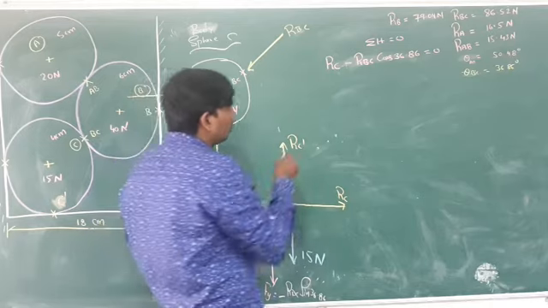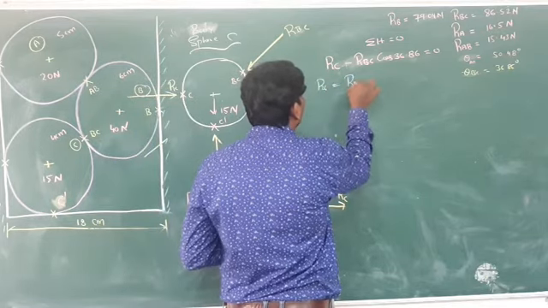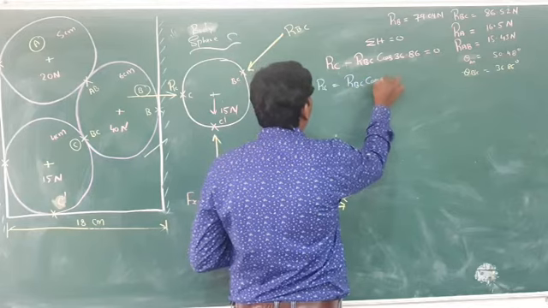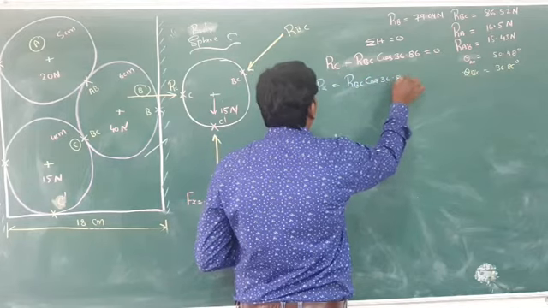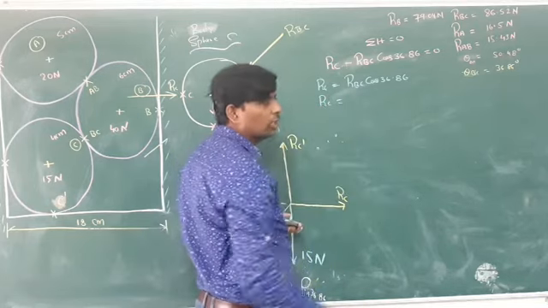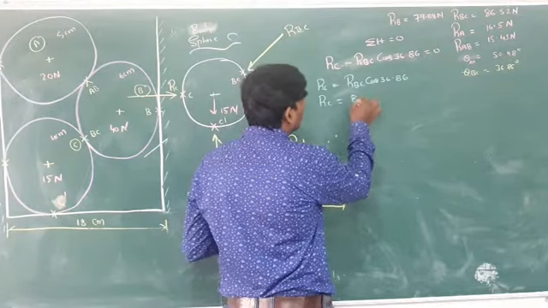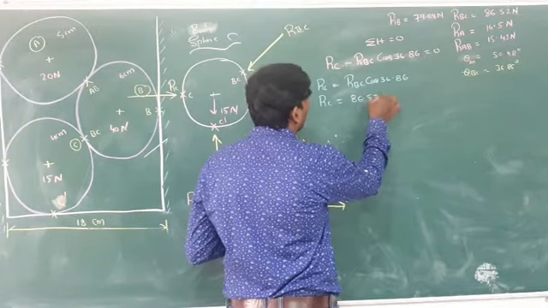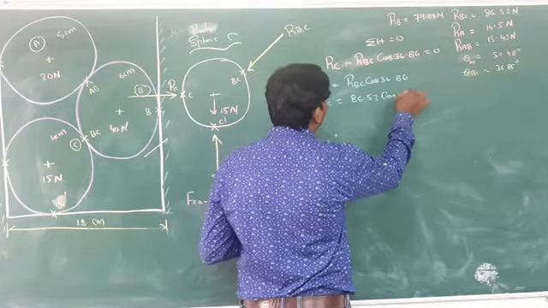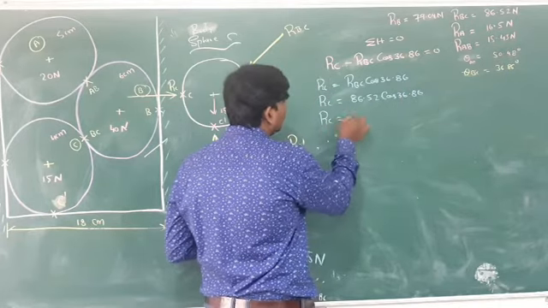Now, RC is equal to RBC cos 36.86. You know the value of RBC, 86.52. So RC is equal to 86.52 cos 36.86.